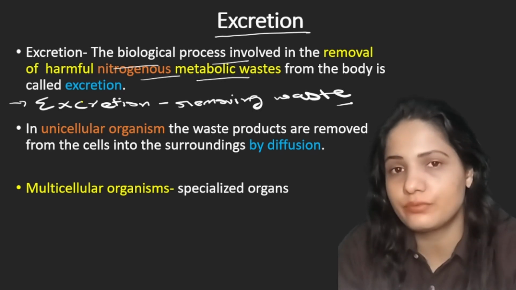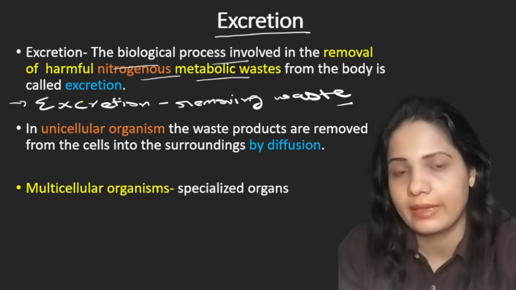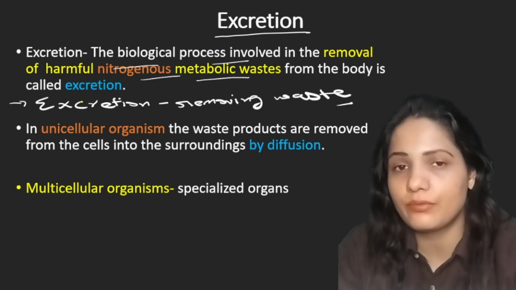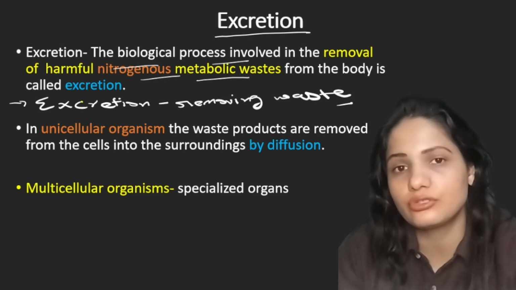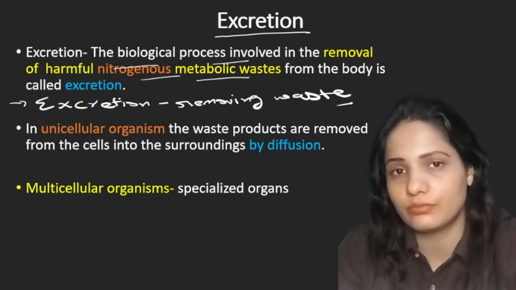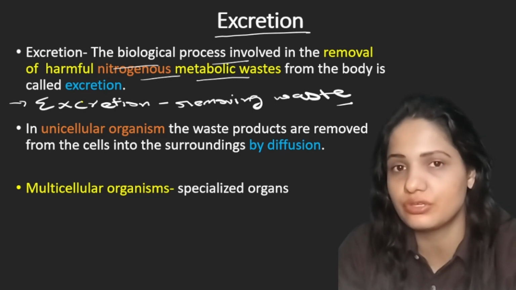If those end products are in excess, then they are waste for the body and they have to be removed from the body. Let's say, for example, if we take a protein necessary for our body requirements, if we take that protein in excess amount, then the excess amount is going to be the waste for our body, and that waste has to be removed from the body for the proper functioning of the body.